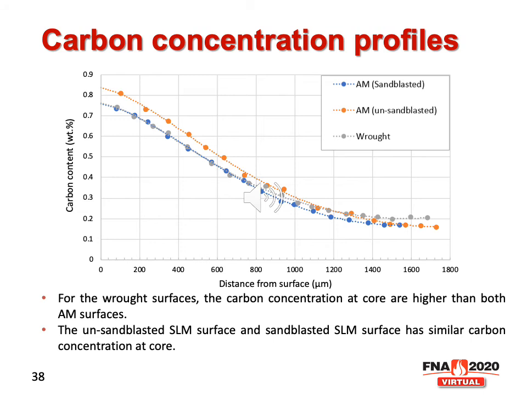Then for the wrought part near the surface, the carbon concentration profile is very close to the sandblasted selective laser melted part. The unsandblasted selective laser melted part shows a little bit higher carbon concentration profile compared to the wrought and sandblasted selective laser melted part.